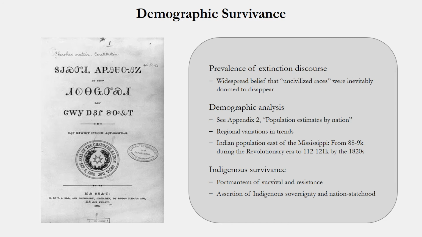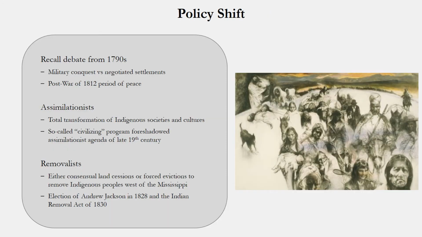By the 1820s, the policy debate had shifted. Recall from last week, when the American policy debate during the 1790s revolved around either outright military conquest or negotiated land cessions. Recall as well that land cessions were a sort of Plan A, and extirpative warfare was a backup plan. Yet once the American-Anglo strategic rivalry was resolved after the War of 1812, there was a period of relative peace.